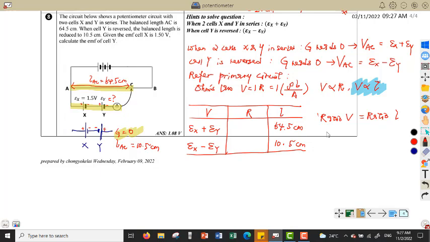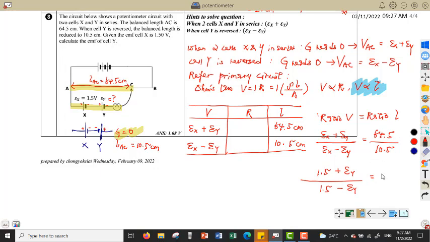So we have EX plus EY over EX minus EY must equal to 64.5 over 10.5. The EX is 1.5, so we put in the value of EX, and this one will be 1.5 minus EY.